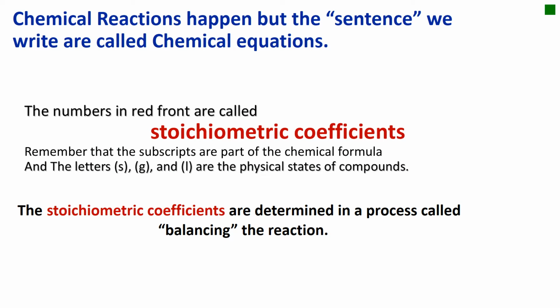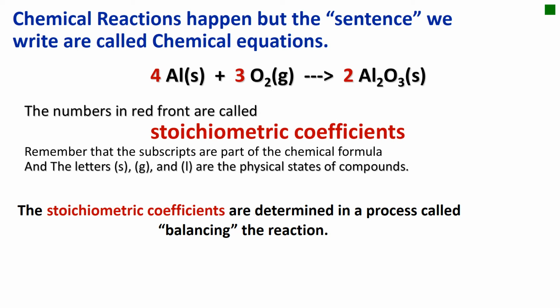So chemical reactions, they happen, but the sentences we write are called chemical equations. So let's take a look at one. 4 moles or 4 aluminum atoms, whatever, plus 3 oxygens react to produce 2 aluminum oxide.